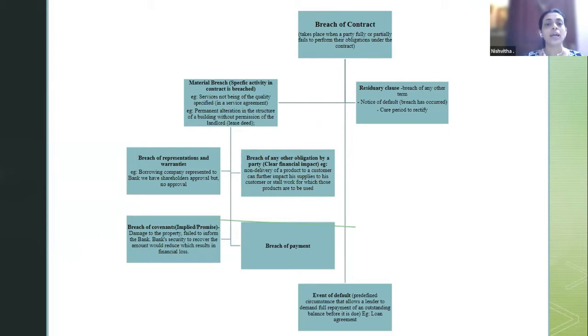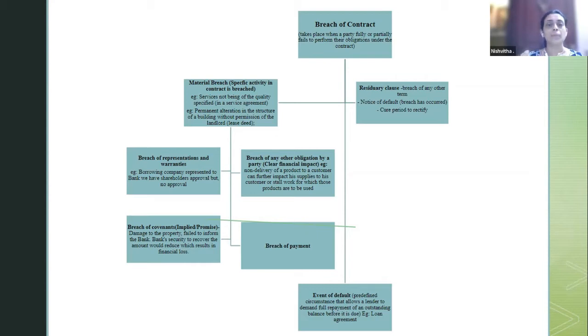The third one, especially in a subcontracting agreement: the person knows that whatever he supplies or whatever service he renders will be further given to another person. When you are aware of it and you fail, that is where there is a clear financial loss. Let me explain.